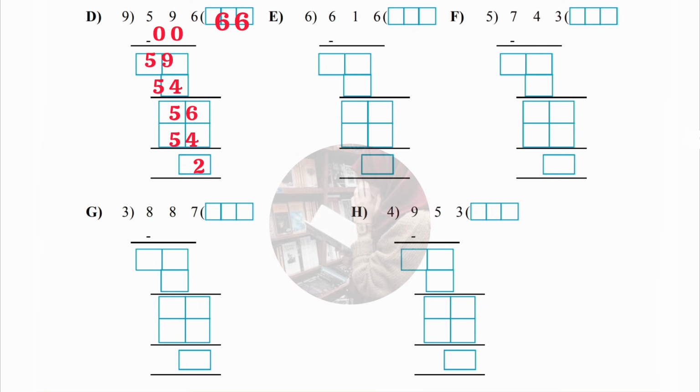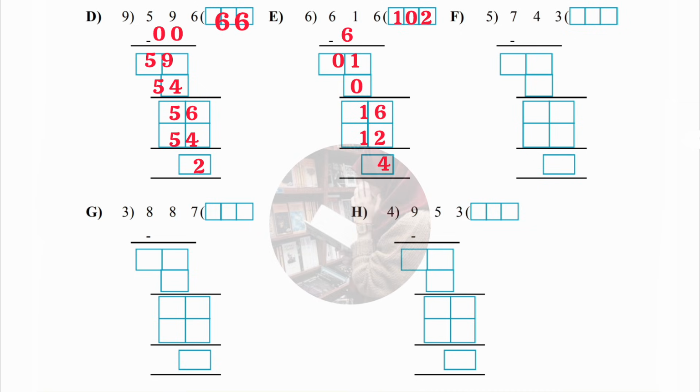Okay, next one, 616, dividend is given and 6 is the divisor. Let's do this. 6 ones are 6, okay, it will become 0, 1 will come down, 6 zeros are 0, then 16 will be left. So 6 twos are 12, 4 is the answer. So 4 remains as remainder.